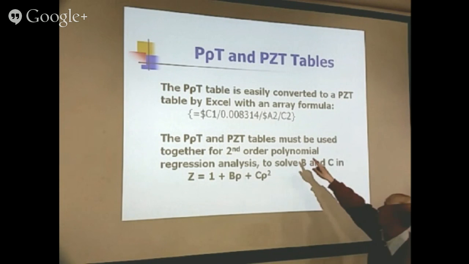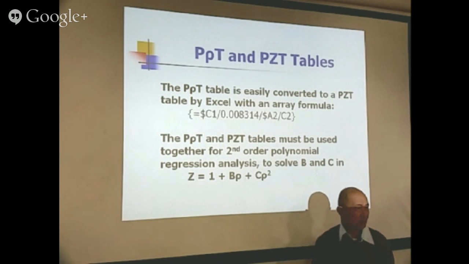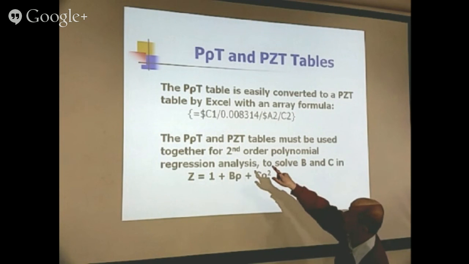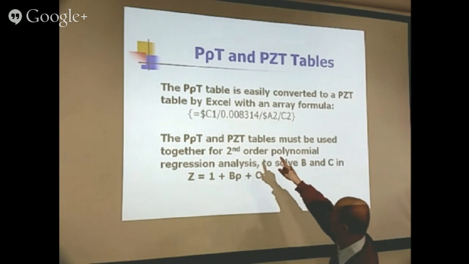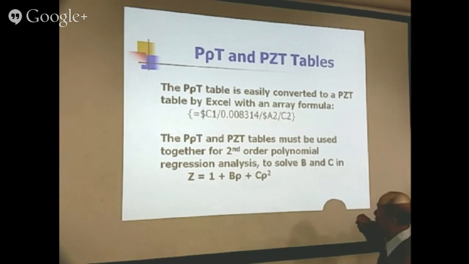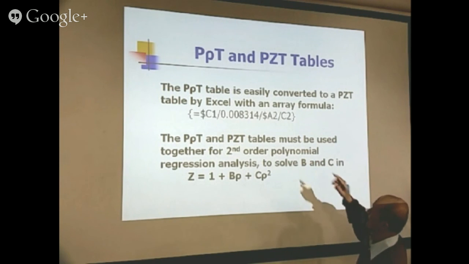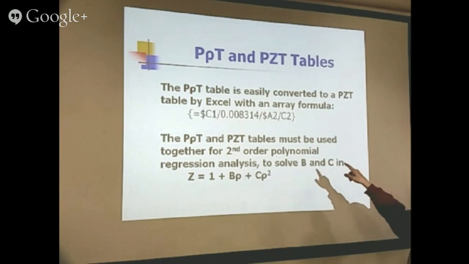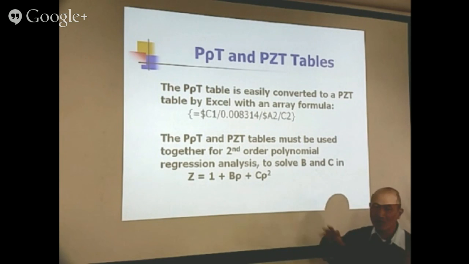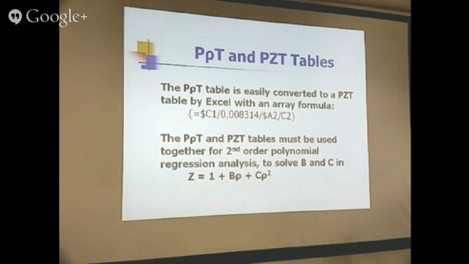So basically what you say is you take the pressure, divide by the universal gas constant 0.008314, and divide by temperature, and then divide by the density. So that's Z. That's one cell of Z. But then Excel has one nice feature. I don't know if you know, it's called the fill handle.